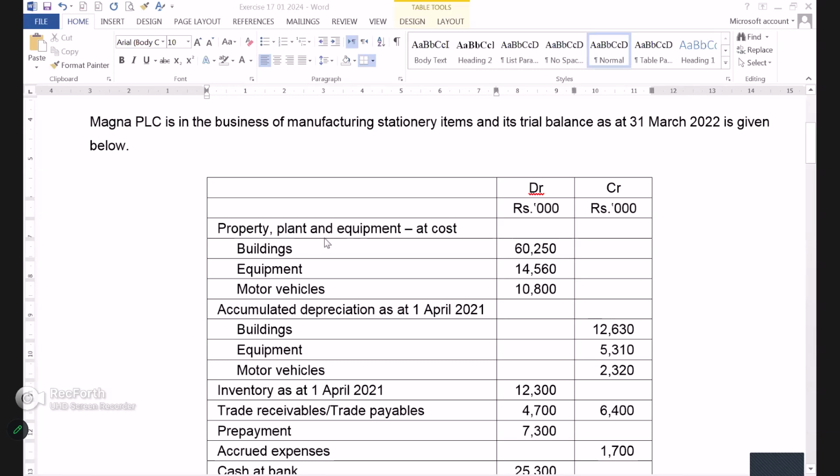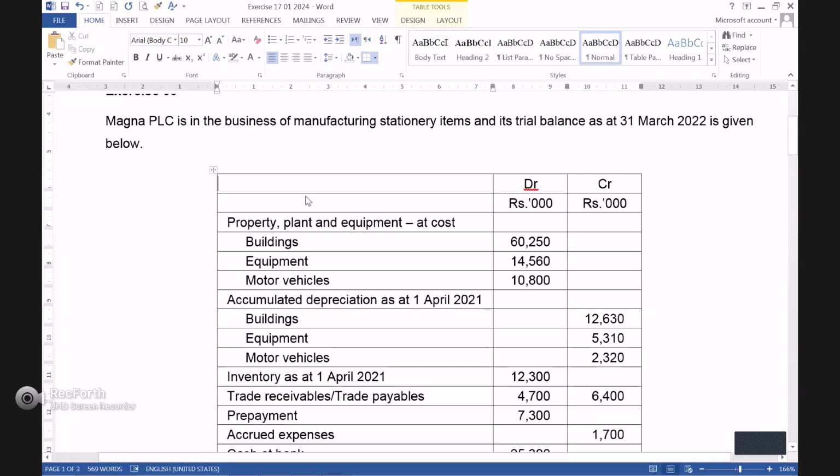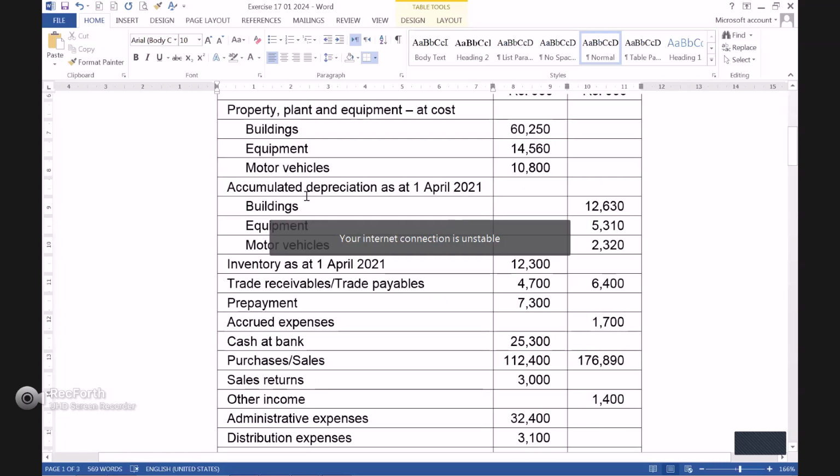So in the last class, we covered property, plant and equipment, accumulated depreciation, inventory, and things like that.